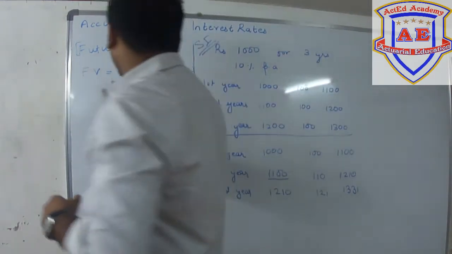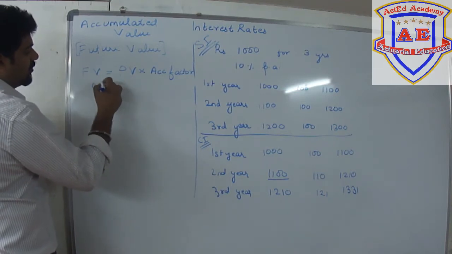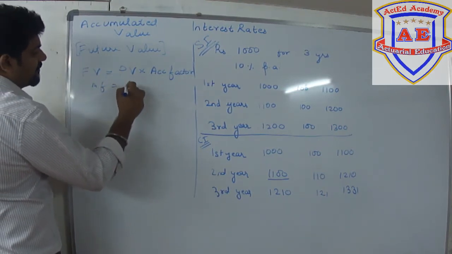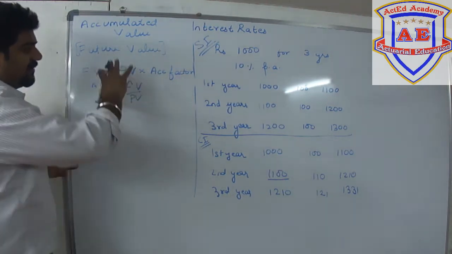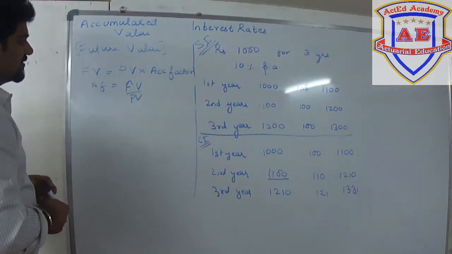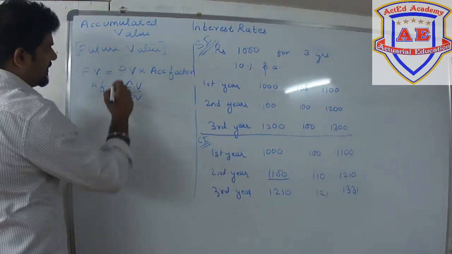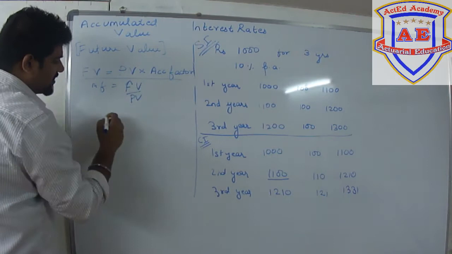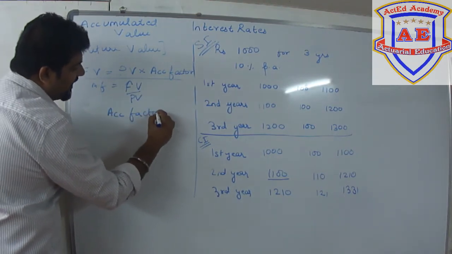This can be twisted to get the formula of the accumulation factor as future value upon your present value. You have innumerable possibilities by interchanging the values. But since this formula is clear, let us first try to understand what your accumulation factor is.